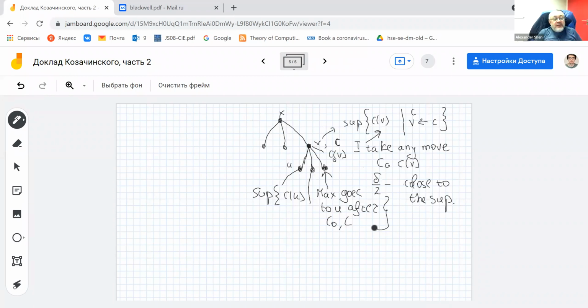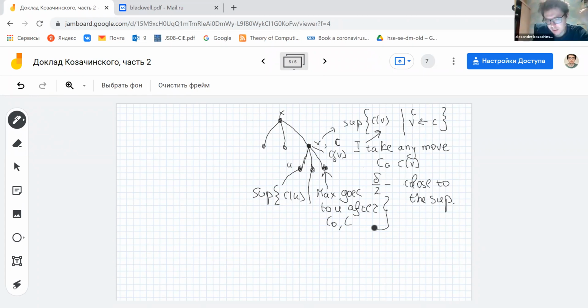And then you can repeat the same arguments for these things, but with delta over 2, and then do the same with delta over 4. And in the limit you have whatever you want, and nothing else is needed.